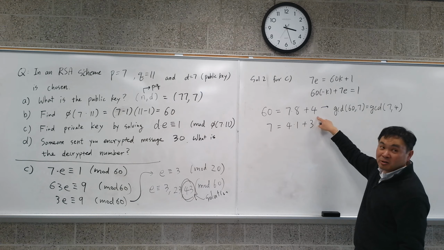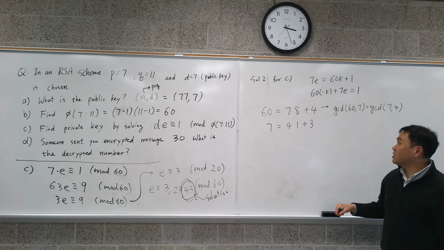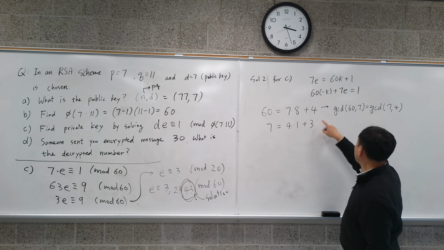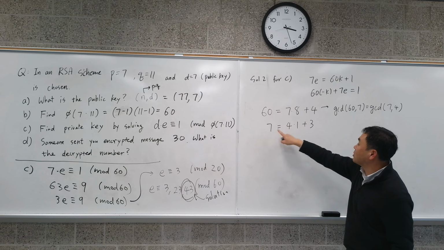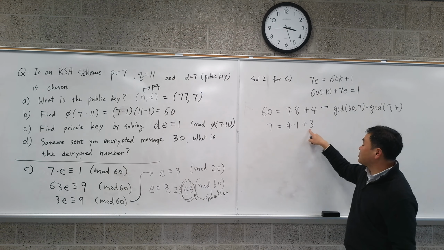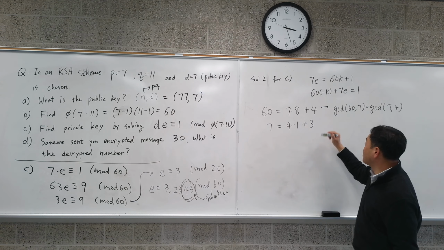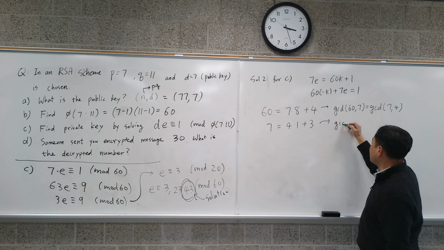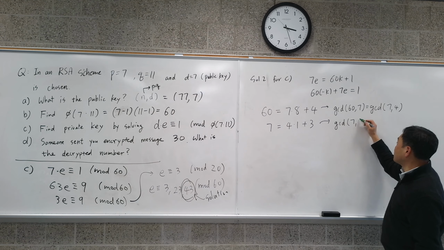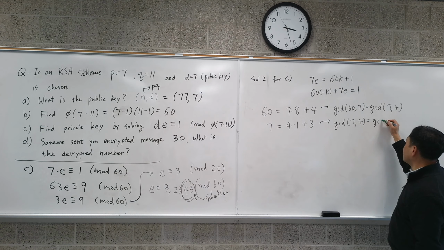To get the GCD of 7 and 4, you just do a division. 4 goes 1 time into 7 and 3 is the remainder, and you say the GCD of 7 and 4 is equal to the GCD of 4 and 3.